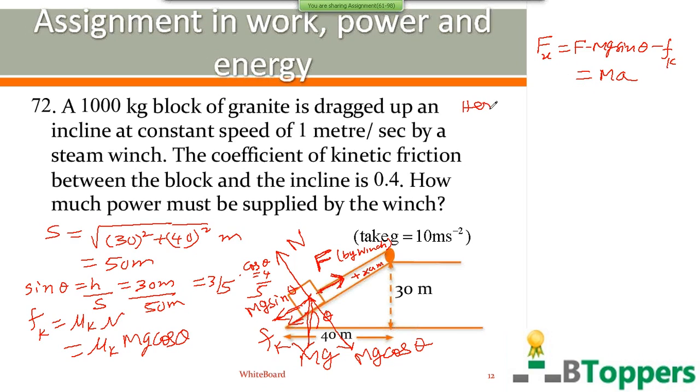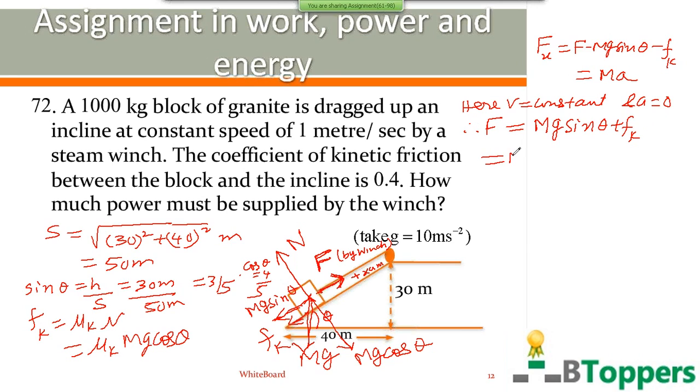Resultant force on the block along x-axis is equal to capital F minus mg sin theta minus fk. By Newton's second law, that is equal to mass into acceleration. But here it is moving with constant velocity. So acceleration is 0.